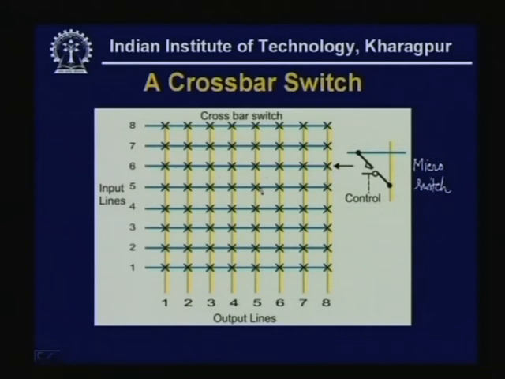So, if at any junction the switch is closed, a path is established between the horizontal line and the vertical line connecting that particular cross. You see, this is how the crossbar switch operates. However, it uses electromechanical relays or micro switches.